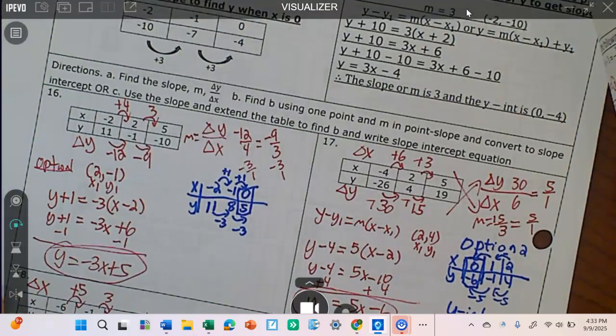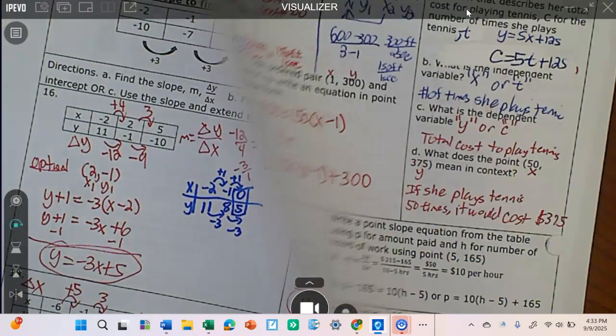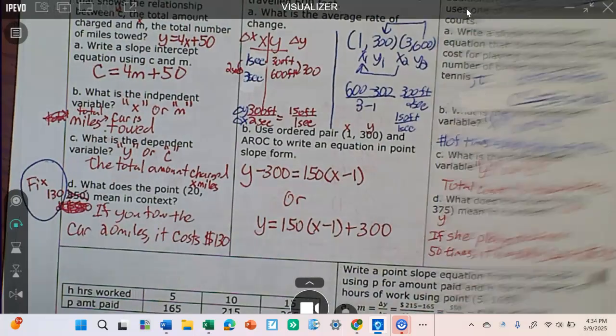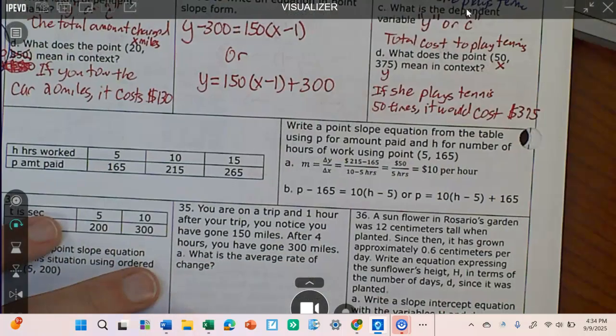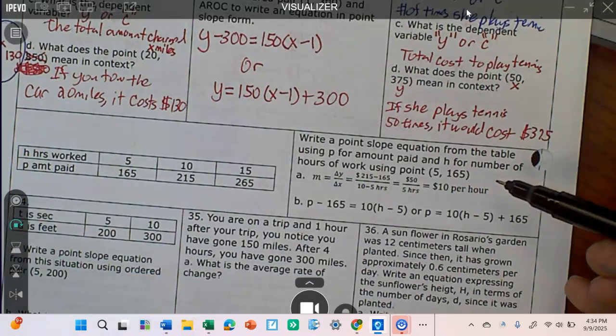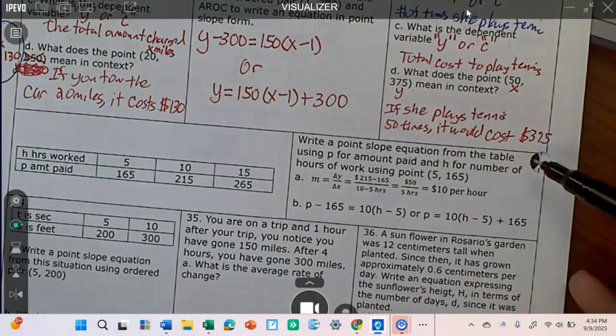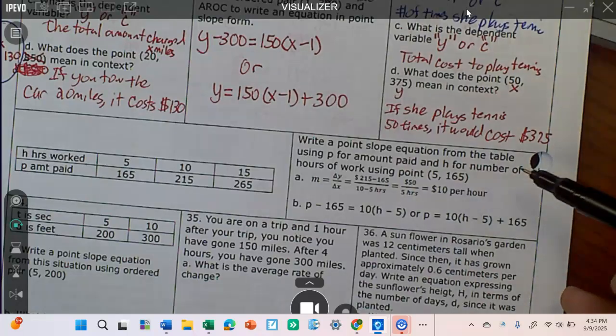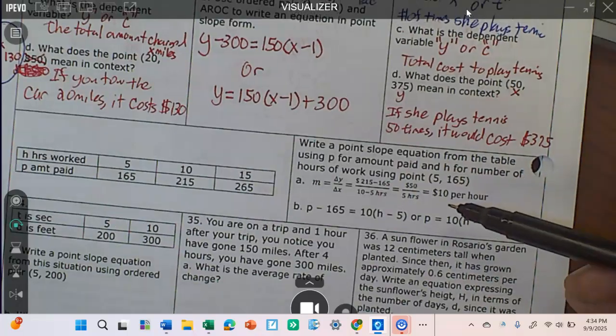Okay, this is too long, mainly because I'm making it. I'm going well into it, this probably won't take y'all that long. Okay, write a slope-intercept equation. I made an example here for you. Write a slope-intercept equation from the table using P for amount paid and H for the number of hours worked.